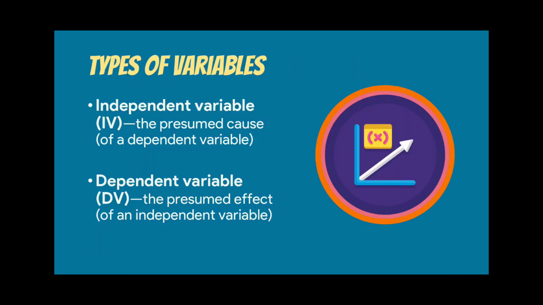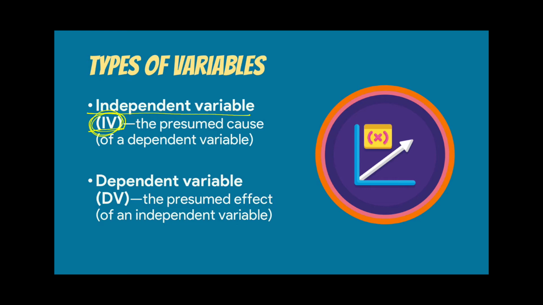Now, this is textbook information that I hope you know by now, that there are two major types of variables that you always have to remember in terms of their relationship to each other. And these are independent variables, which we will always call IV until the end of time.